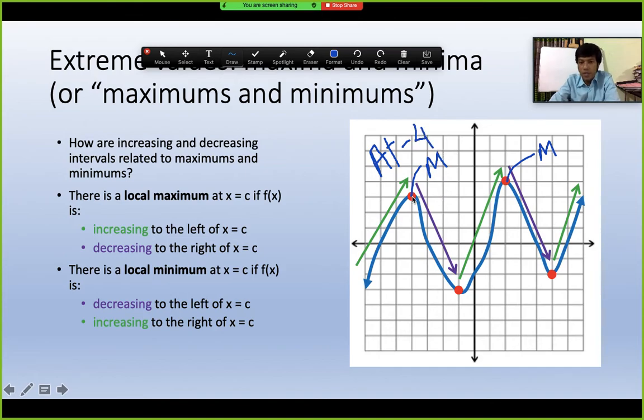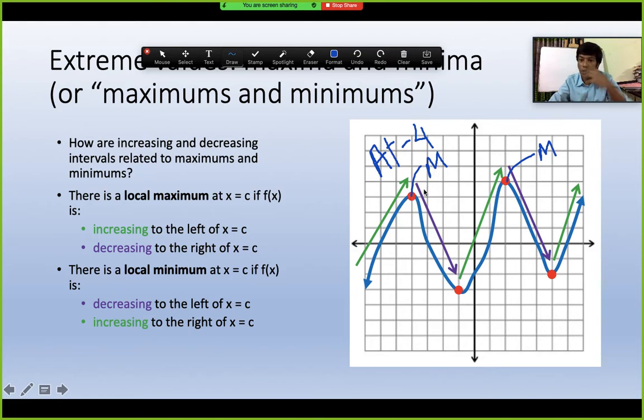If I ask you, where is this maximum? You will say this maximum is at minus 4. And then if I ask you, what is the value of your maximum at minus 4? Then you will say the y value, which is 1, 2, 3. So 3 is the value of this maximum.